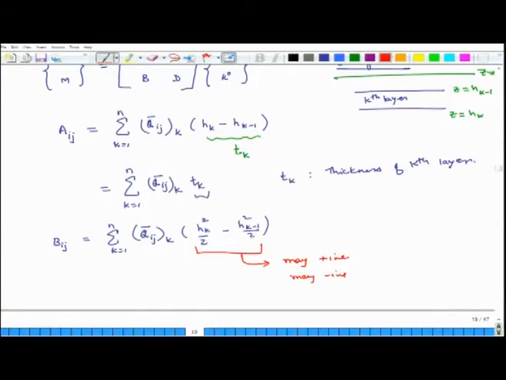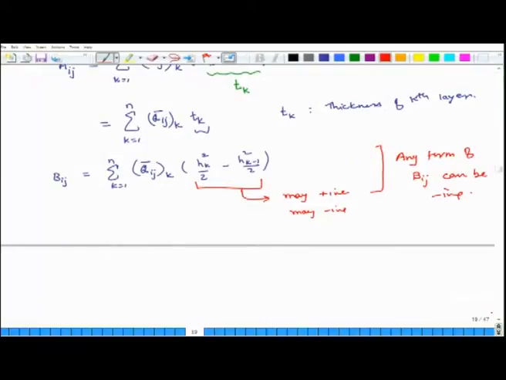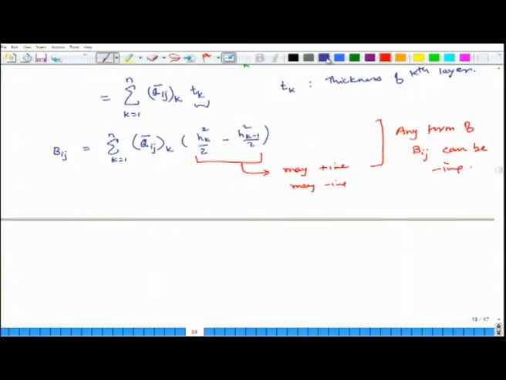So, what that means is that any term of Bij can be negative, because consider Q11, B11 will depend on Q11. Q11 is always positive, but if the terms in the parenthesis are negative, then it can be negative. And finally, we look at Dij.